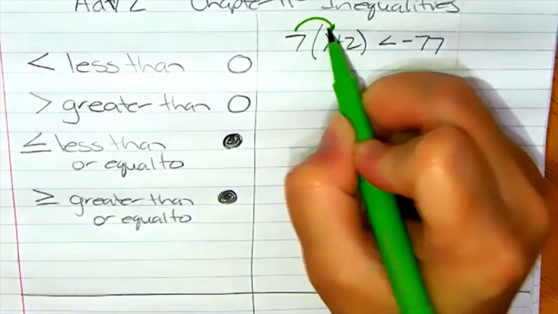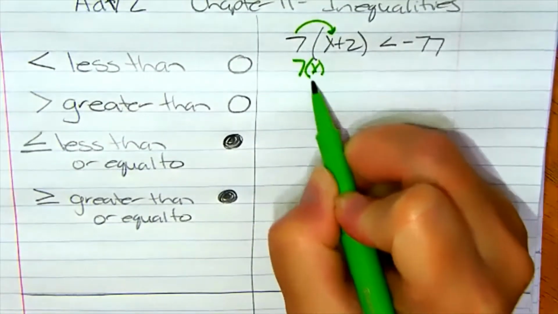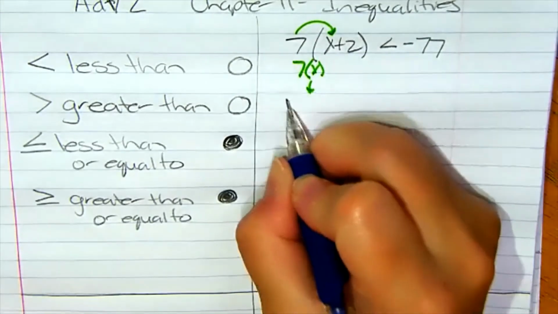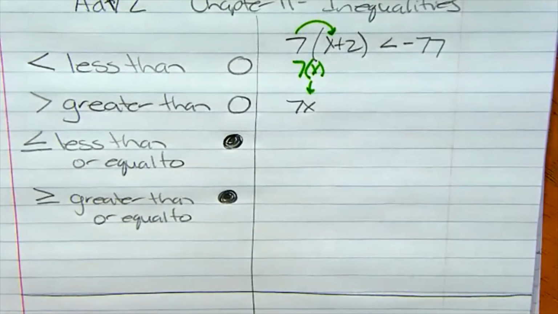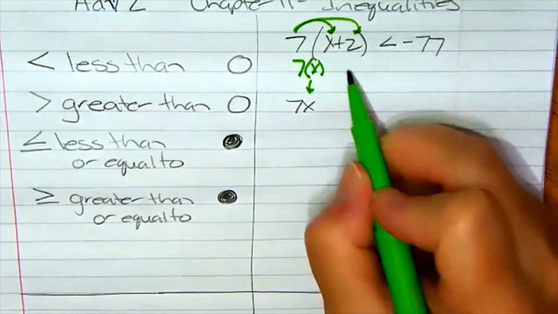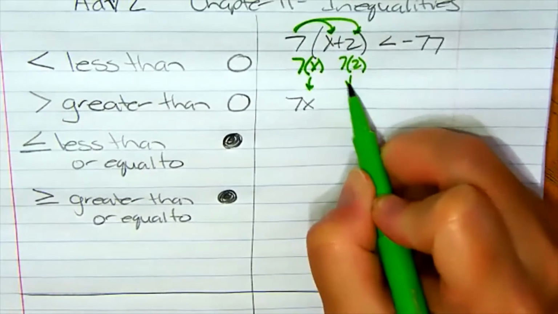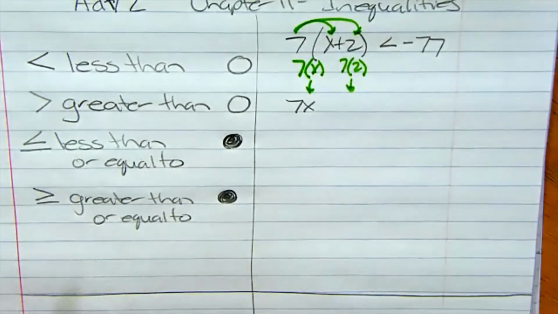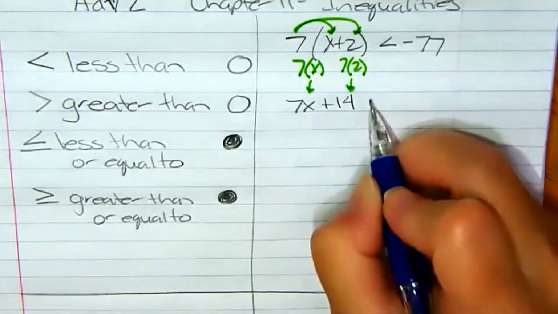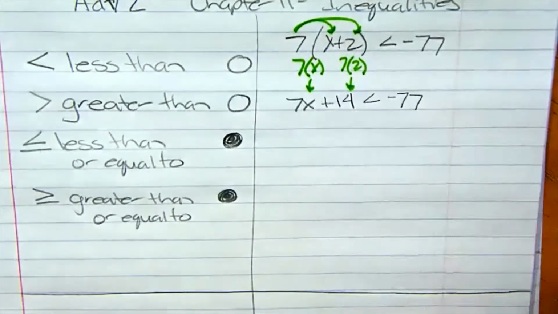So here's our first step, 7 times x. Well, 7 times x is 7x. Now we have 7 times 2. Well, 7 times 2 is positive 14. And everything else comes down.